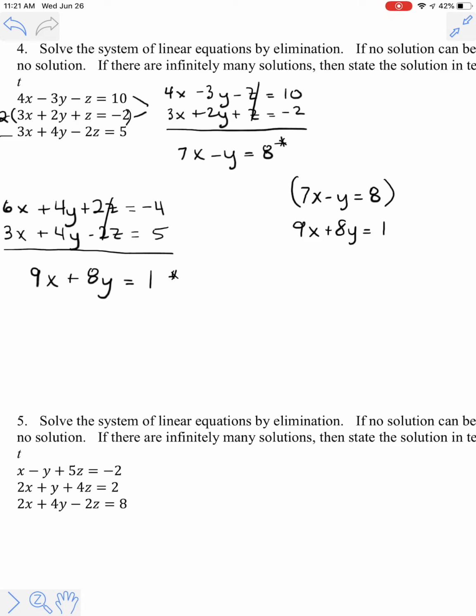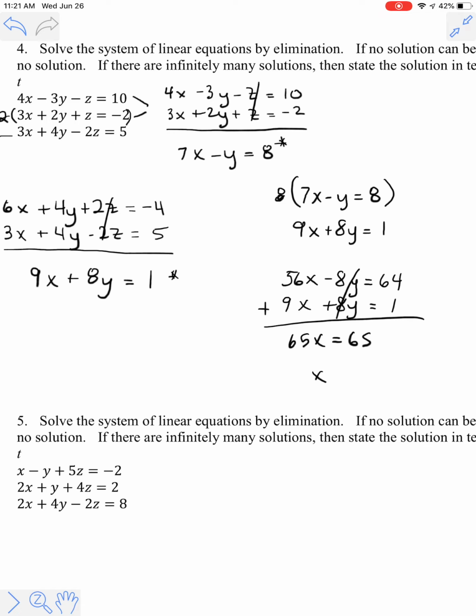So if I wanted to eliminate the y variable, for example, I could multiply that by 8. So now, using the elimination method, that cancels. I get 65x equals 65, so x equals 1.